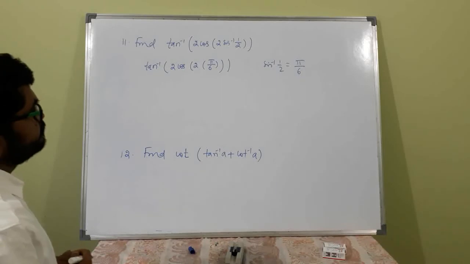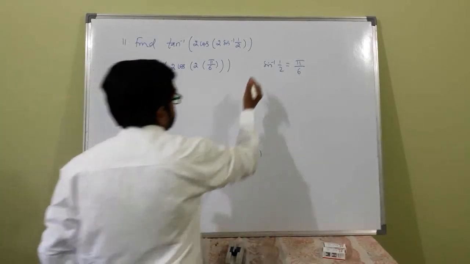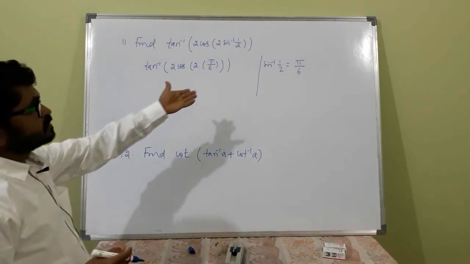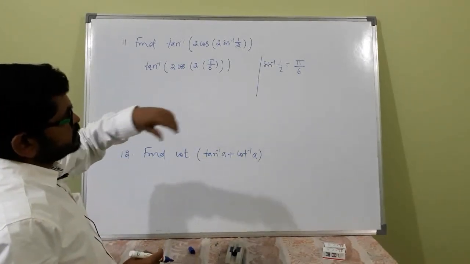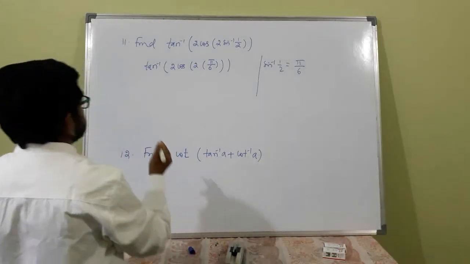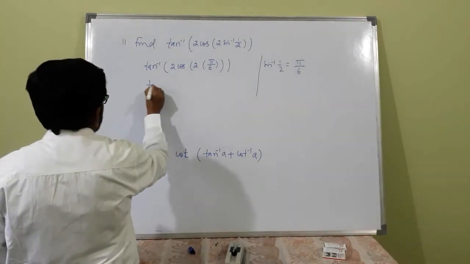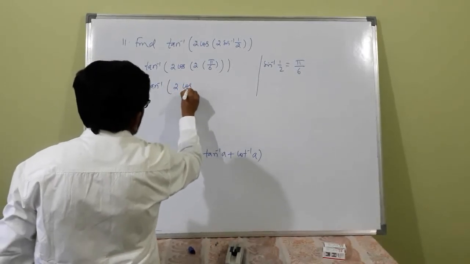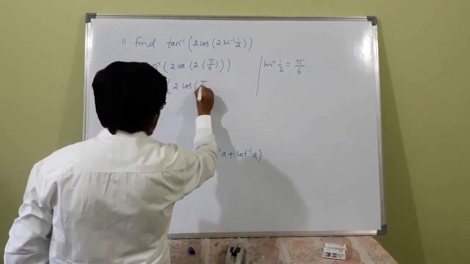Okay, you get this result by solving. Sin inverse of half is equal to x means sin x is equal to half, so x will be 5 by 6. So this is tan inverse of 2 into cos 5 by 3.